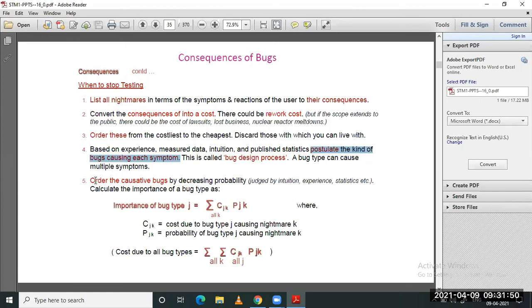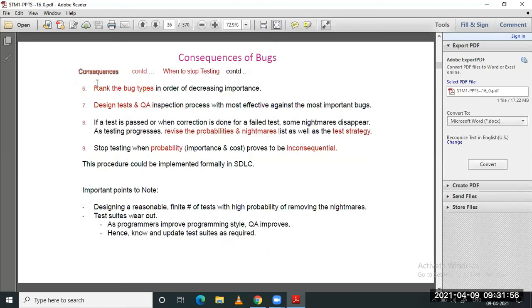Then order the causative bugs by importance of bug type, rank the bug types, design tests and QA, revise the probabilities and nightmares, and stop testing when the probability proves to be inconsequential.